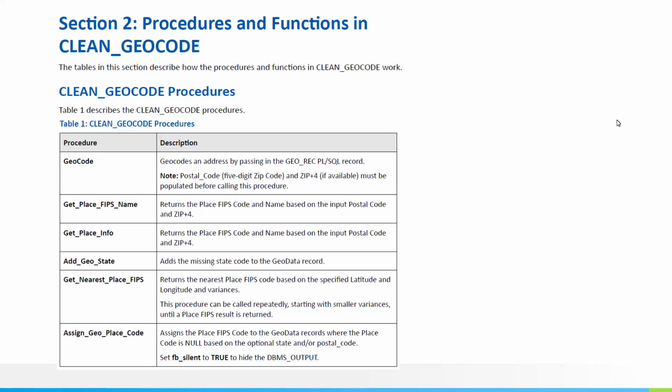For instance, the place FIPS comes back, but you might need to use the get place FIPS name, which you pass the FIPS code into, and in the case of Boca Raton, which is our ZIP+4, it would come back with Boca Raton City.